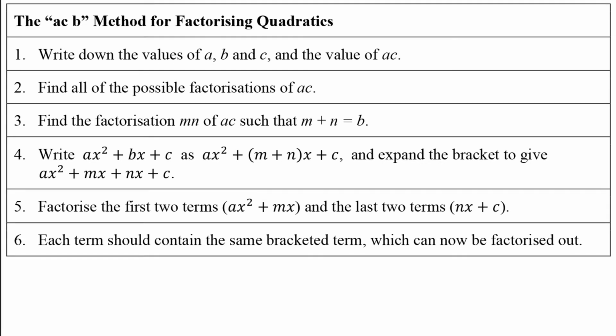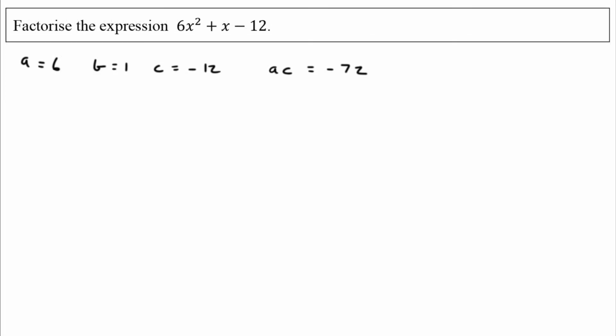Step 2 is to find all of the possible factorizations of ac. By factorizations of ac, we mean factorizations of the number ac, negative 72, into two smaller factors. Now we have lots of possibilities here. Negative 72 could be written as negative 1 times 72.